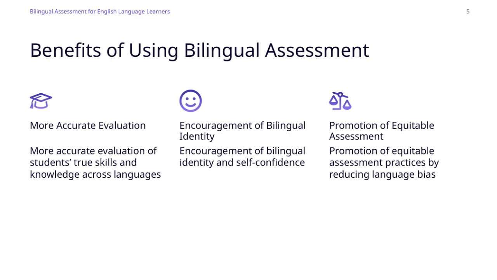When students see their languages being valued and included, it boosts their self-confidence and helps them feel proud of their heritage and abilities. Finally, bilingual assessments promote fairness by reducing language bias. This creates a more equitable environment where every student is assessed based on their actual understanding, not limited by language barriers. These benefits together help create a more inclusive and effective educational experience.